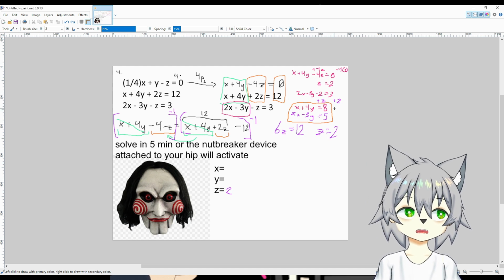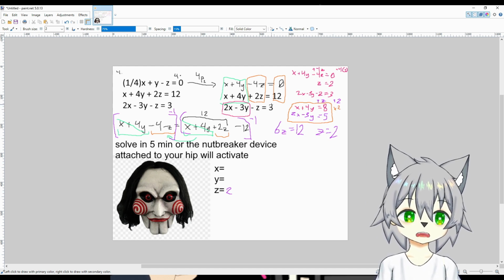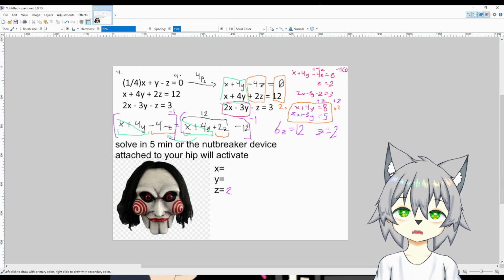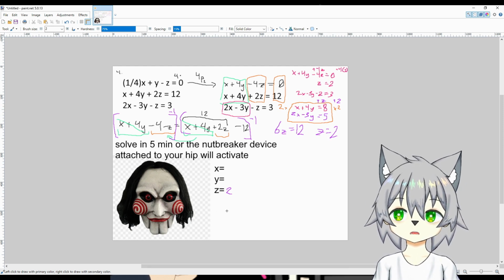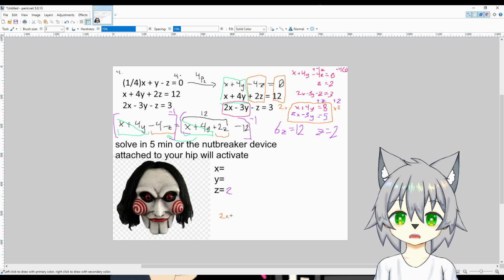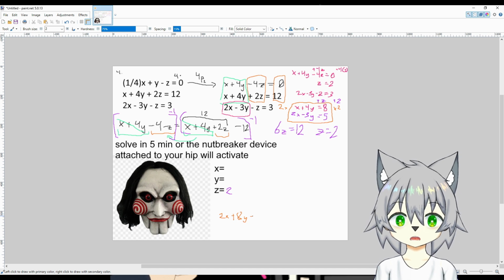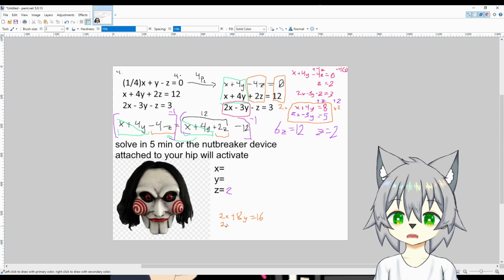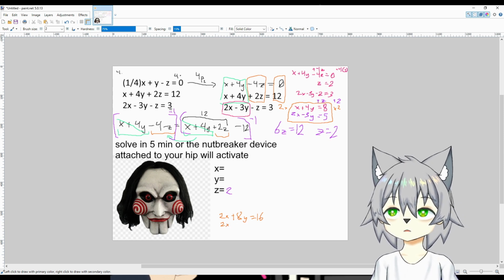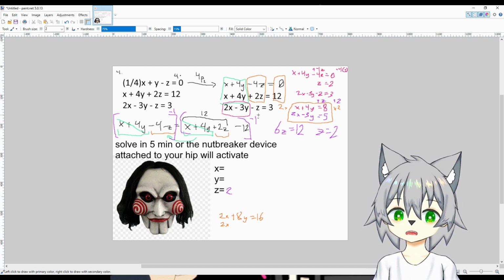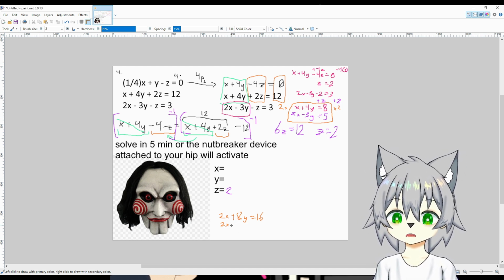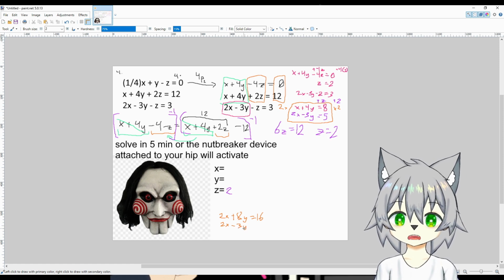You can instead multiply this row by 2, and you'll get effectively 2x plus 8y equals 16. And we don't do anything to the third row after we've removed the z, so minus 3y equals 5.